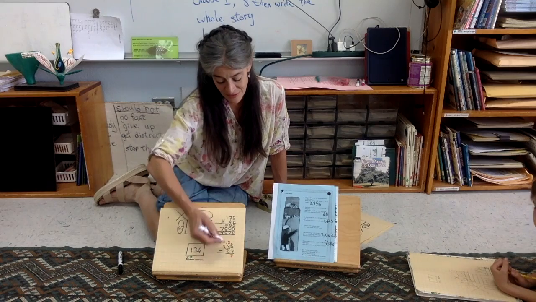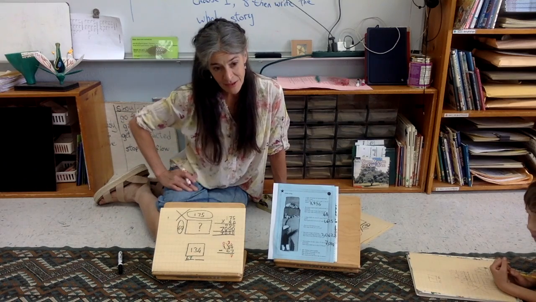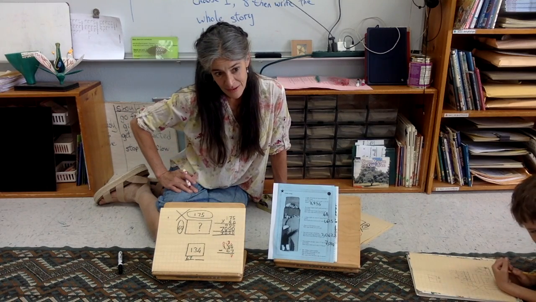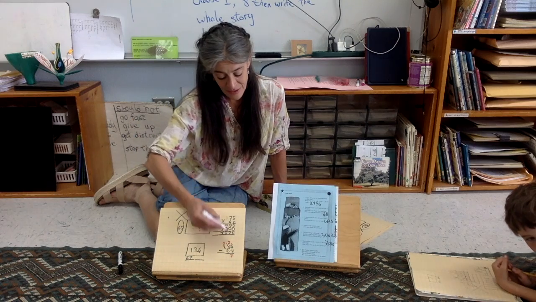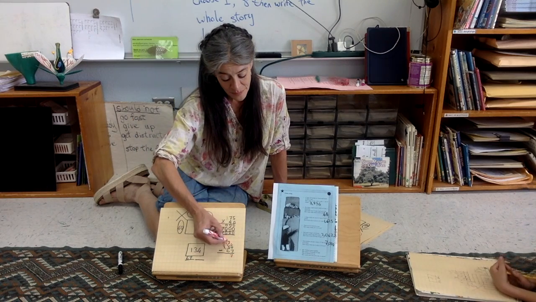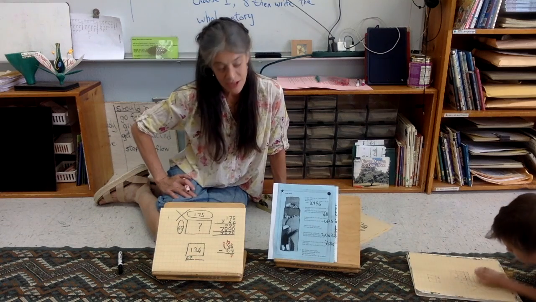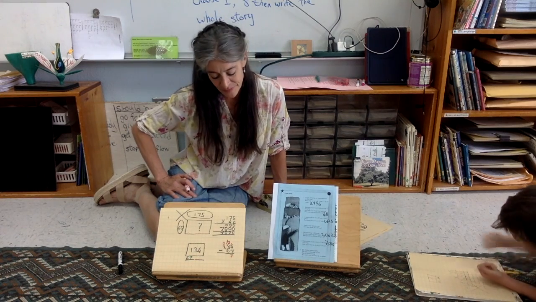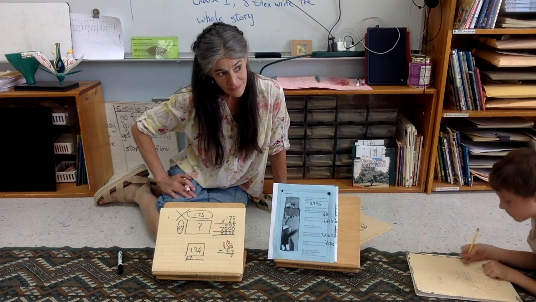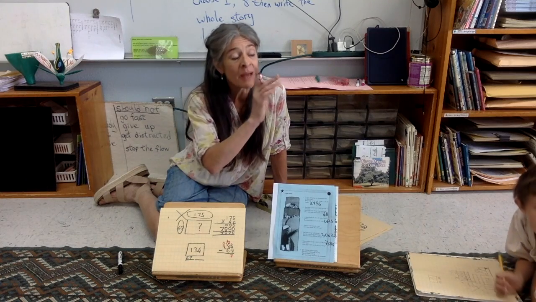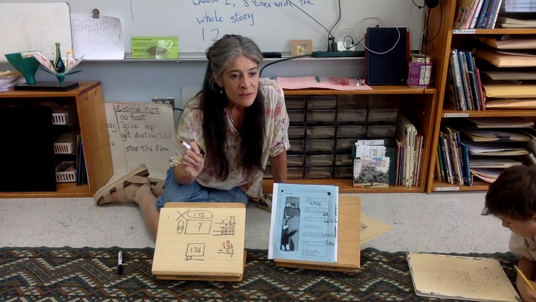Make it a 0. And put a 1 on top of the 3, next to the 2. Good. Okay, 12 take away 6. This is a lot. 12 take away 6 is 6. Say it louder. 12 take away 6 is 6.